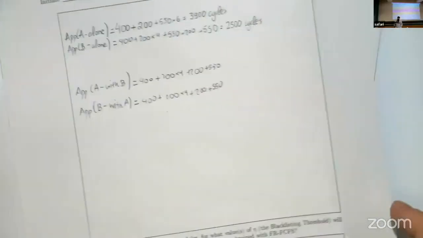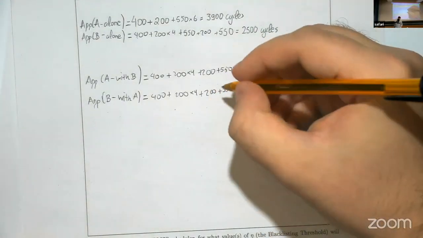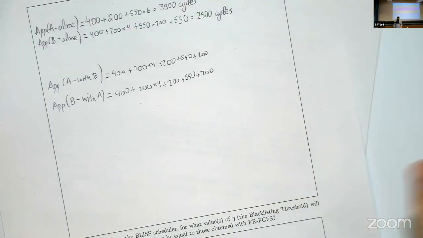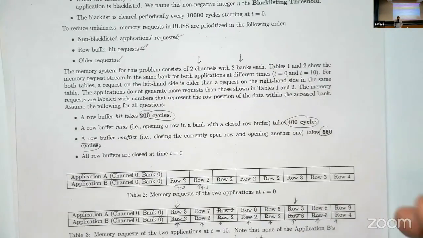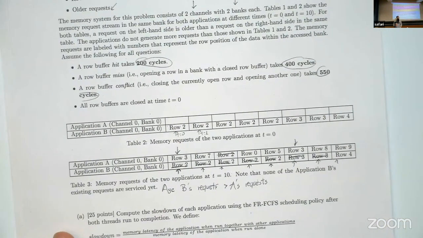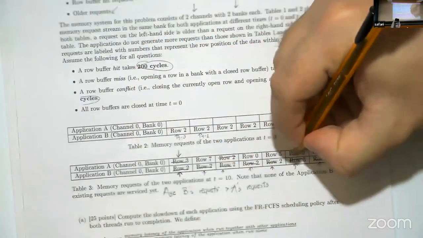So we need to wait for plus 200. This one needs to wait for plus 200 as well. And then what do we do? We do not activate a new row because we see that application A also has row 3 2 times. This one and this one.